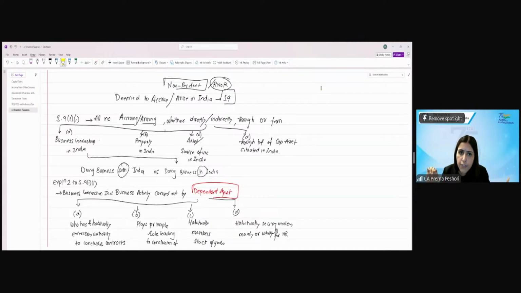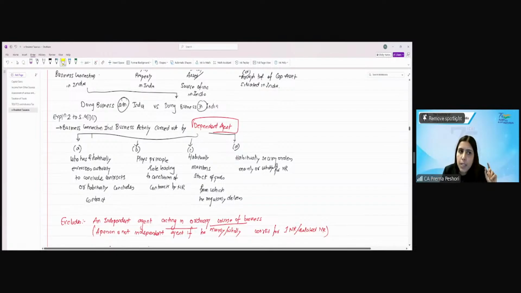So, if the income is accruing or arising either directly, indirectly, through or from any business connection in India, it will be said to be deemed to accrue or arise in India. Now, Explanation 2 to section 9(1)(i) says, business connection shall include not only when you do the activities yourself, but even when your business activities are carried out by a dependent agent.